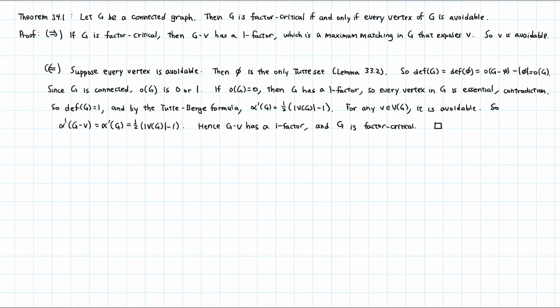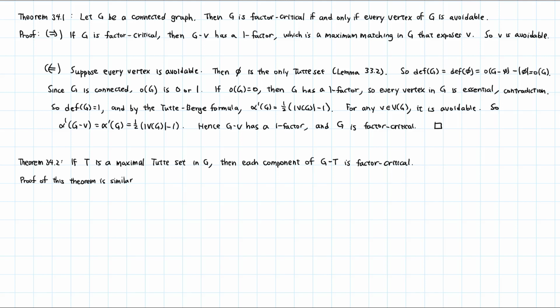Now, one way of finding factor critical subgraphs in G is through the use of a maximal Tutte set. And here is our next result. If T is a maximal Tutte set in G, then every component of G minus T is factor critical. Now, the proof of this theorem is very similar to the last part of the proof of Tutte's theorem, so we will not repeat that here.